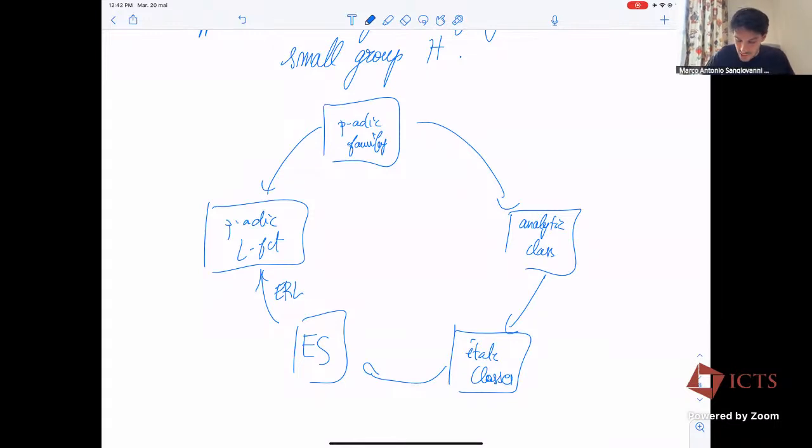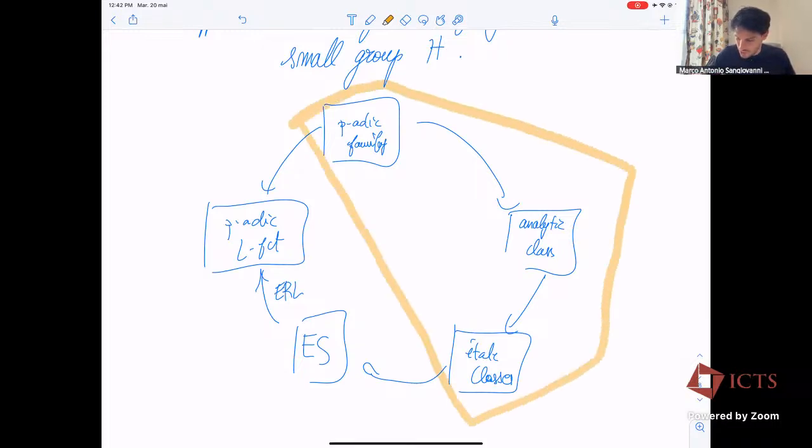Well, in this part of the diagram, nothing changes. You just switch the role of G with the role of H. So the construction of the classes is independent from whether you're working on a small group or a big one. It doesn't yet know about who the little pi is, okay?